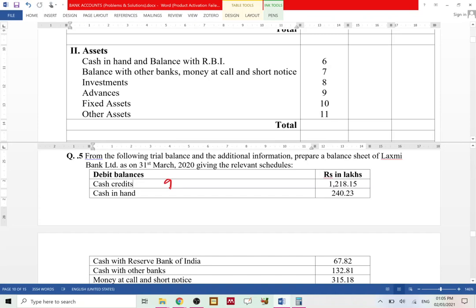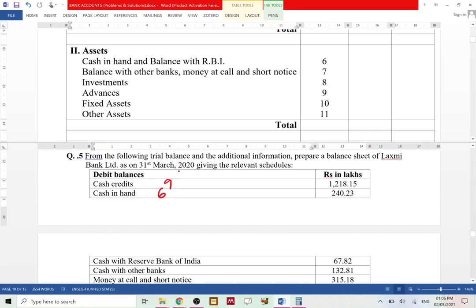Next, cash in hand, what is the schedule number? I hope you all can see the pro forma on top. I have kept it right there for you to view and tell me which schedules it will go under. Just unmute and speak. Where does cash in hand go? 6. Schedule 6. In schedule 6. Very good.